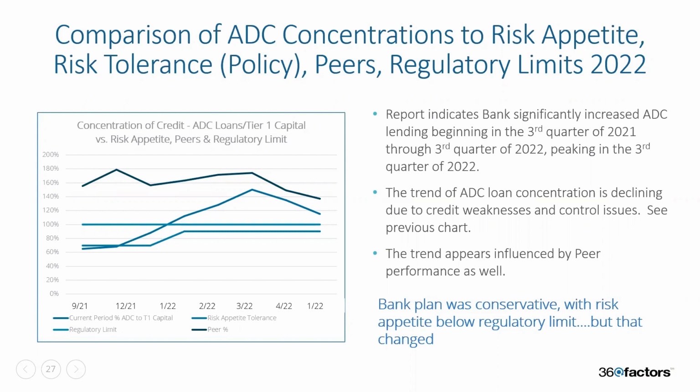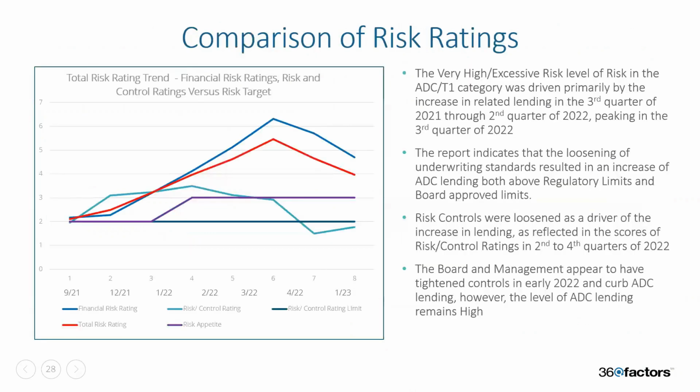Okay, Robert? Yeah. And this one I think is important. Total risk rating, that big red line, pulls in things like the risk and control rating limit, that dark line at the bottom. That's where we wanted to be, but we weren't there. Our risk rating, our controls were not as effective.